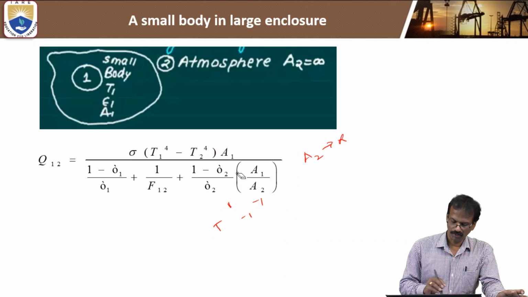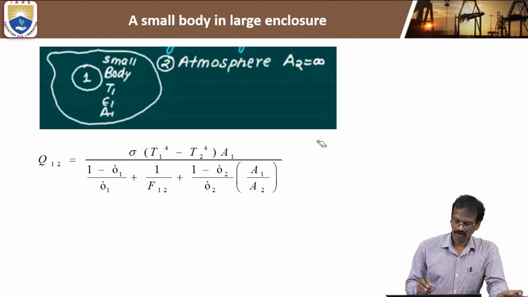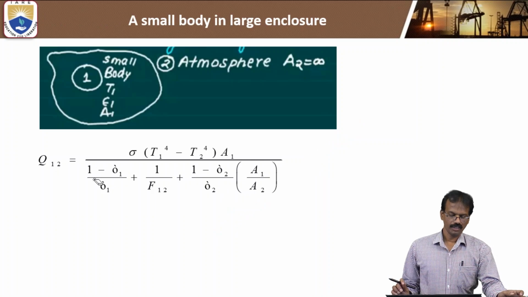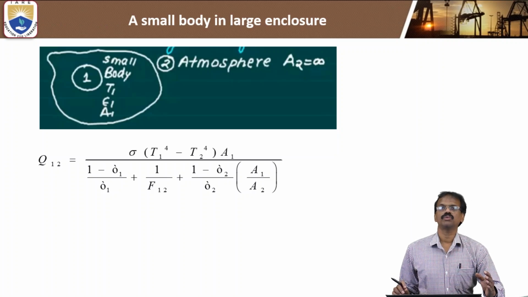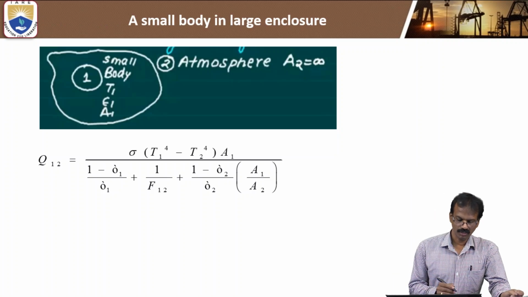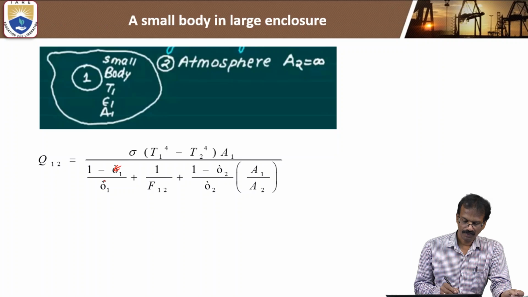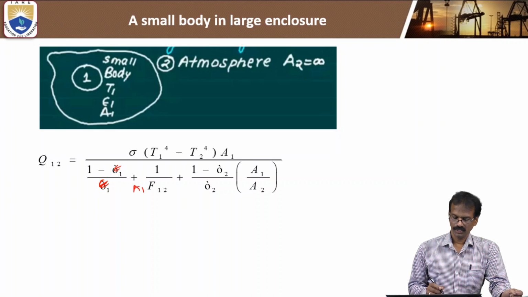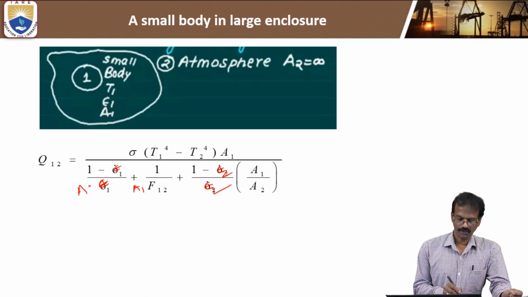So first we'll see the basic formula you know: the radiation heat transfer between two plates, which has (1 minus epsilon 1) by epsilon 1, 1 by (A1 F12), (1 minus epsilon 2) by (epsilon 2 A2).